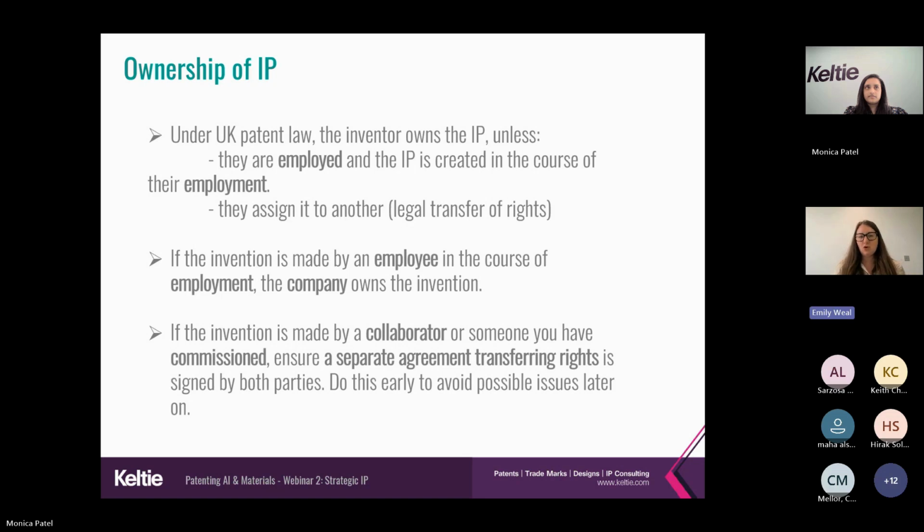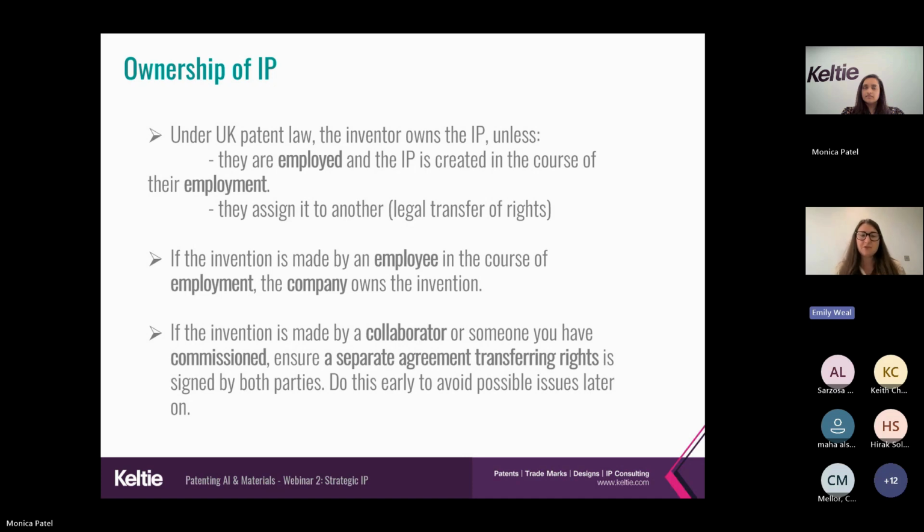It can get more complicated if those two people have different employers, and maybe are working together as part of a collaboration. In that situation, if they have genuinely together both come up with a concept, each of their employers will jointly be entitled to that invention, and you have a situation of joint ownership.